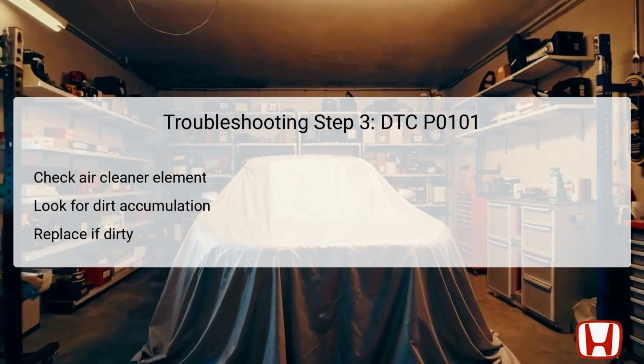Check for visible dirt accumulation. If found, the air cleaner element should be replaced to restore optimal airflow. After replacing the air cleaner, you'll improve engine performance and ensure accurate reading by the MAF sensor, enabling the ECM to function as intended. If the element is clean, you can advance to the next step in the troubleshooting process.